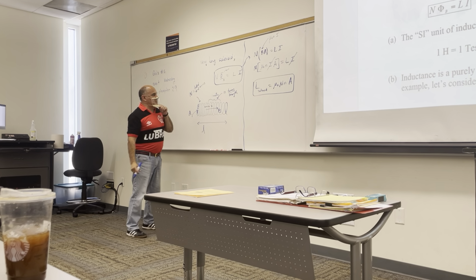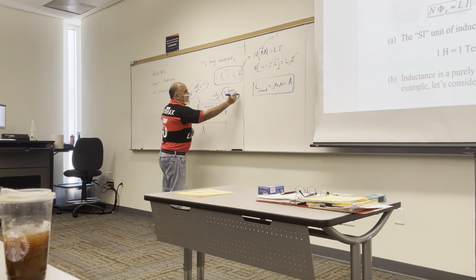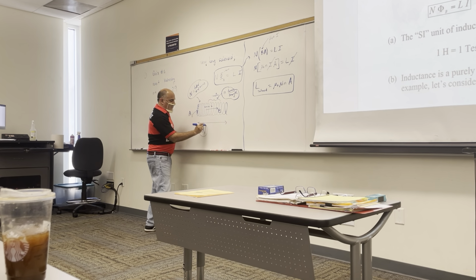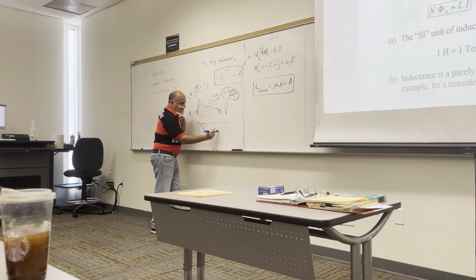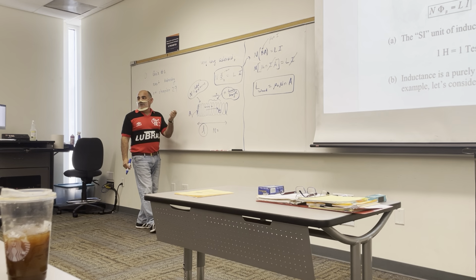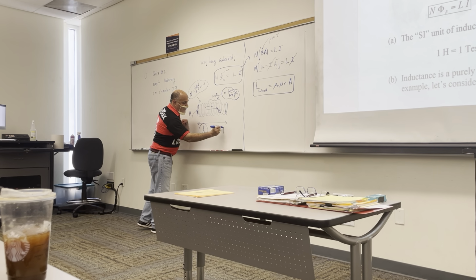Now, what is the relationship between the total number of turns, the number of turns per unit length, and the length of the solenoid? The total number of turns will have to be equal to the number of turns per unit length multiplied by that length.